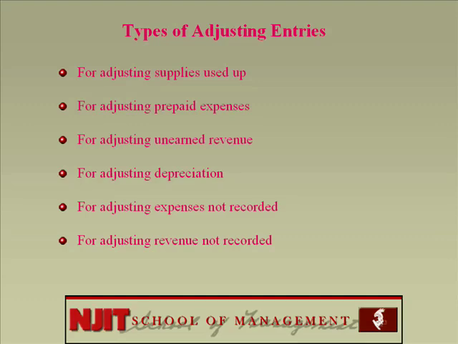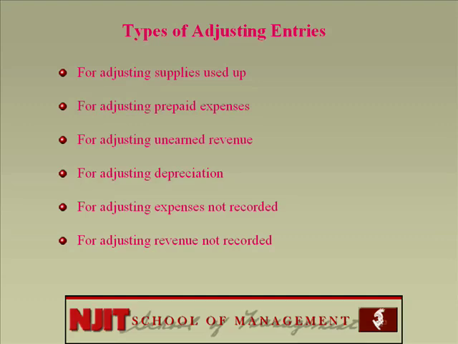Adjusting for prepaid expense. Remember, once the service is received, you have to delete the prepaid. Adjusting for unearned revenue. If you got cash and then you provide the service, you don't have unearned revenue.